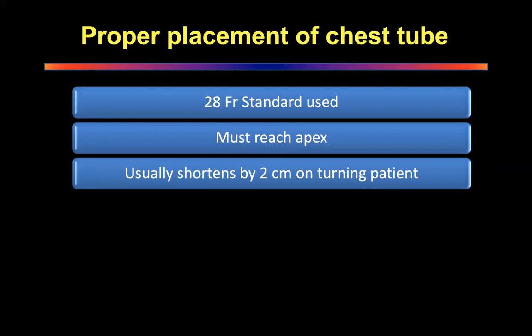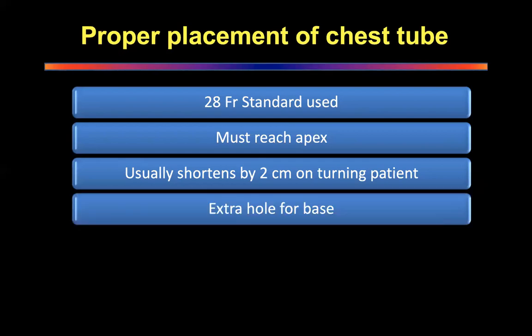It reaches beyond the apex and curls down by about 2 centimeters. So that when the patient gets turned over and you take an X-ray post-surgery, you will see that the drain lies exactly on the apex. So it is important to make sure that your drain is correctly placed and to understand that all drains shorten by 2 centimeters. Very, very important.